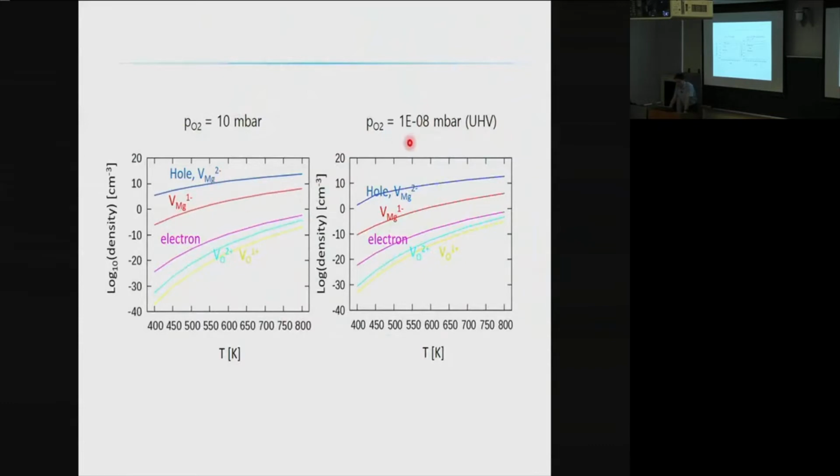And on the other hand, by reducing the oxygen partial pressure down to 10 to the minus 8, you are actually providing less oxygen. Or am I right? 10 millibar. Okay, you are reducing this oxygen partial pressure.